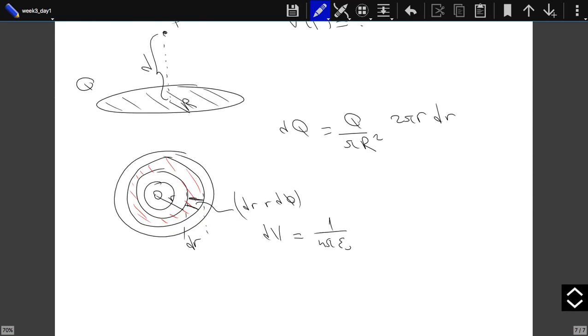So 1 over 4 pi epsilon 0 is the overall constant. We have the charge, which is q over pi r squared times 2 pi small r dr, times 1 over the distance of a given point on the ring from my reference point, but that is nothing but square root of small r squared plus d squared. This is our dV.